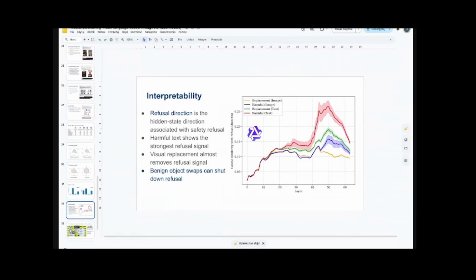And you said that by the time the model figures out what the true object is, it's too late for the safety trigger to kick in. From this statement, I would think that the safety trigger occurs in the first 50% of the layers. That was my interpretation originally. But what you're showing on this graph seems to argue in the opposite direction, in the sense that the cosine similarity to the refusal direction is largest in the latter 50% of the network. So where does the safety trigger kick in?